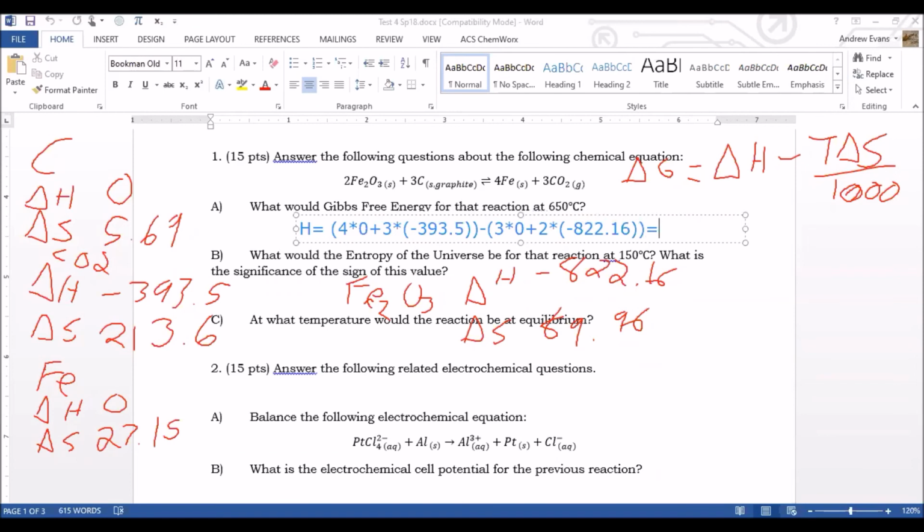It doesn't matter which order you add these together, but it matters which order you subtract. It's always final minus initial, because we're looking at a change. Final minus initial.